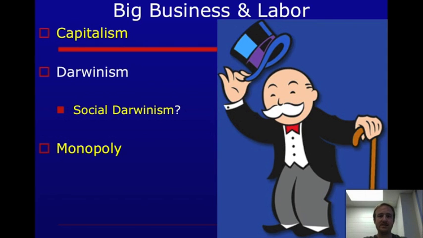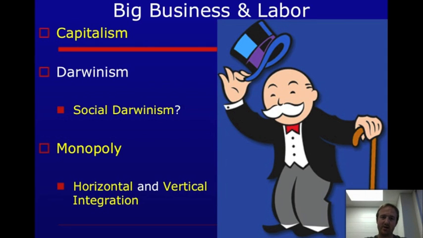Now, when you do see a monopoly take place, there are going to be a couple of factors that are certainly involved in its creation. And those two factors are horizontal and vertical integration. Horizontal integration, an example of it is if I own a business, and I decide that I'm going to buy out a business similar to mine.